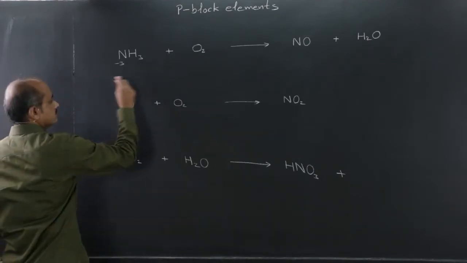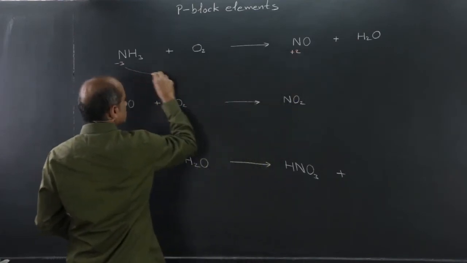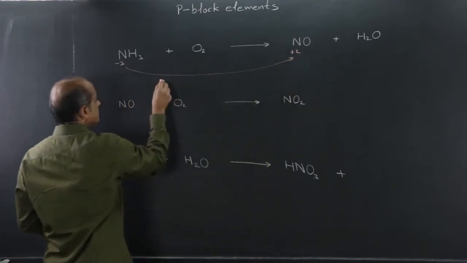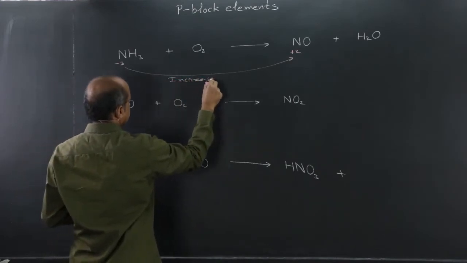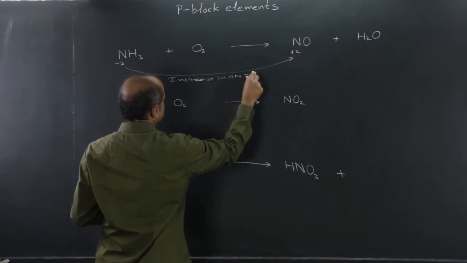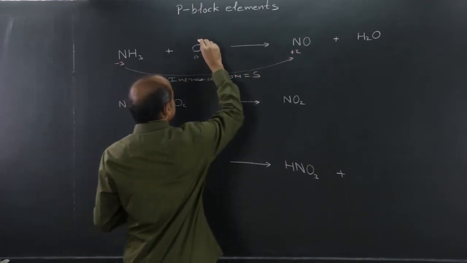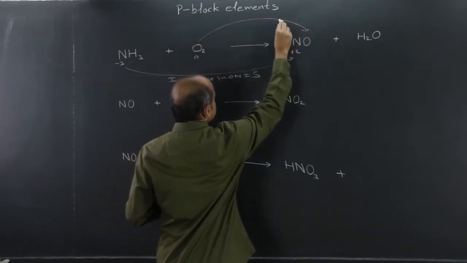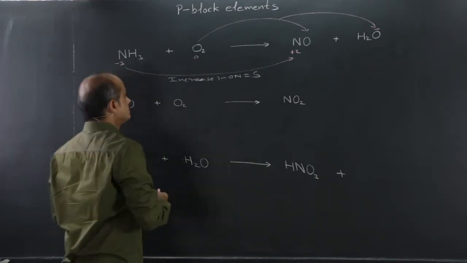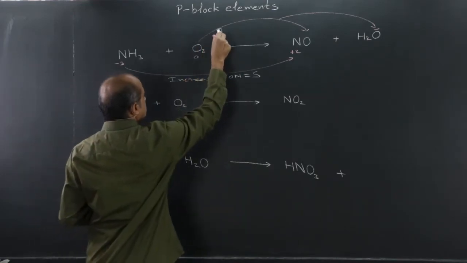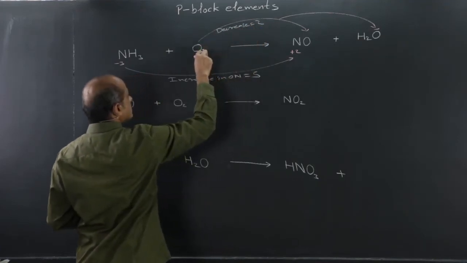-3 nitrogen in nitric oxide changes to +5. So the increase in oxidation number is by 5, and 0 oxygen changes to -2. So one oxygen atom, if we take part, decreases by 2.